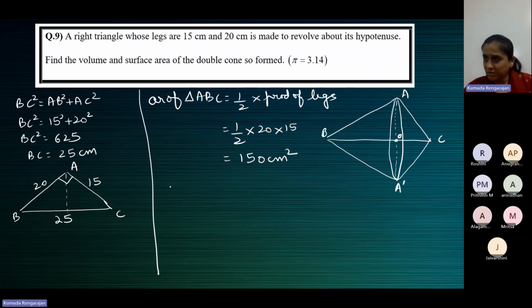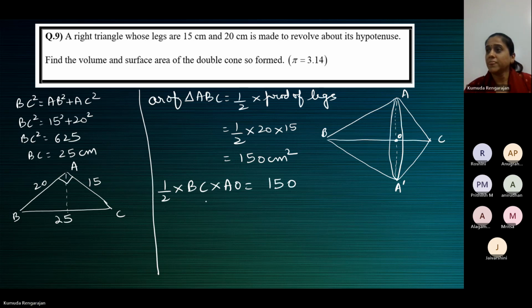Now, the same area can also be computed using half into the base BC into the altitude AO, which is also 150. So half into 25 into AO is equal to 150.